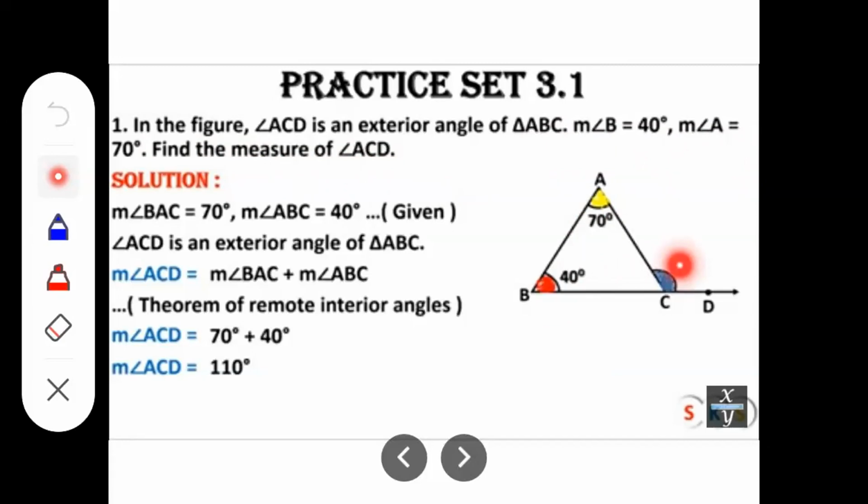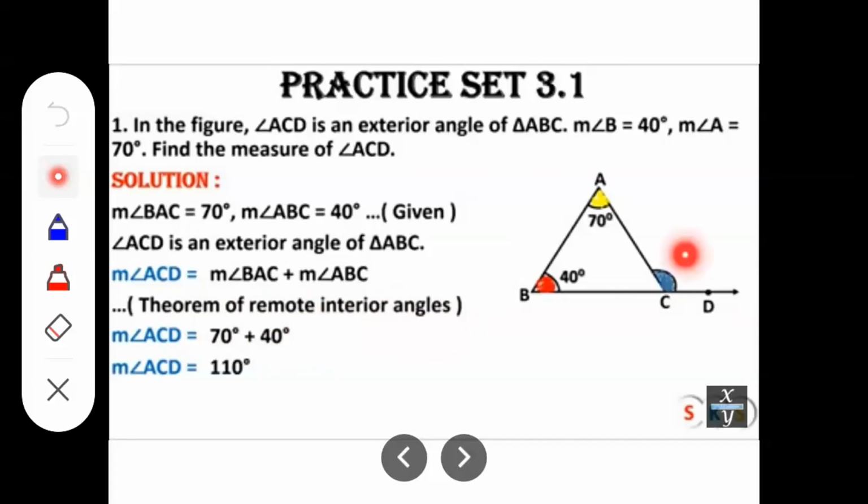Okay. Now just before I told you to recall the property, to recall the theorem of remote interior angle. What was that theorem? That the measure of an exterior angle of a triangle is equal to sum of its remote interior angles.